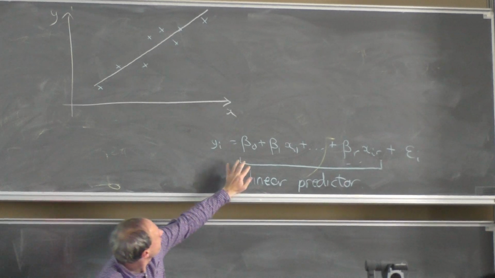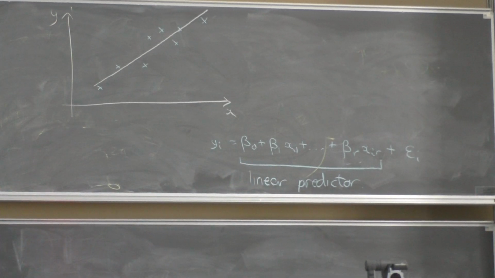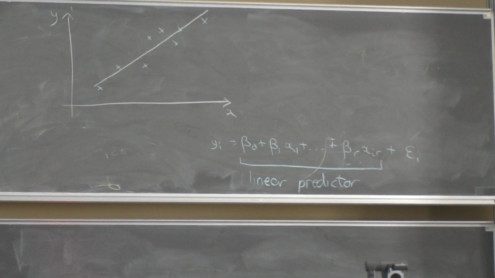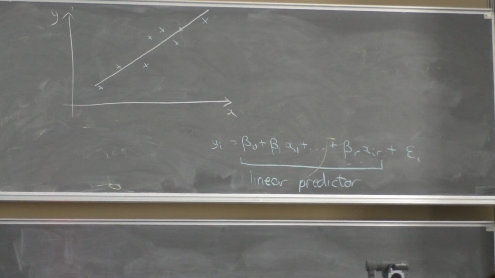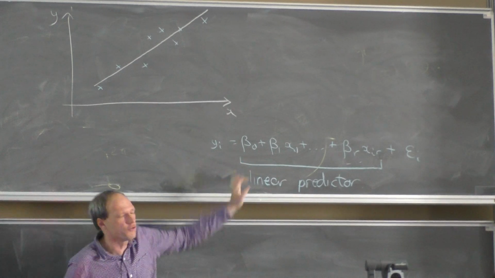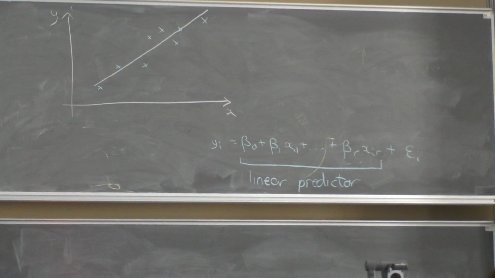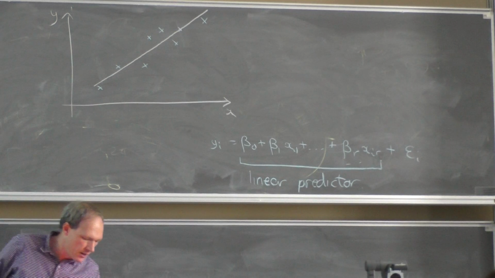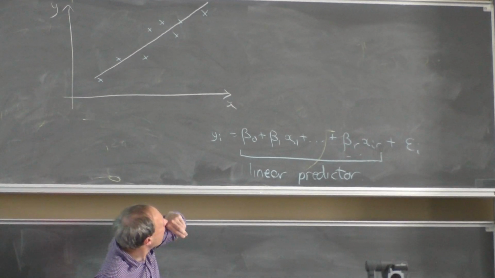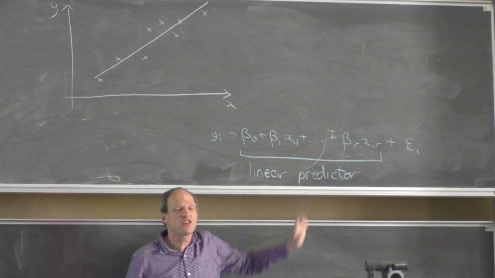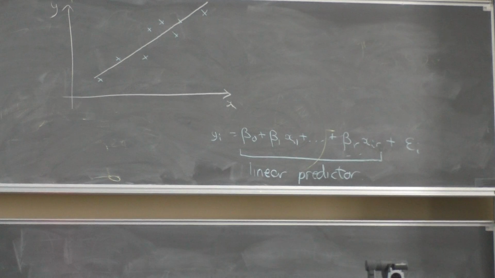So every term in here is one of these constants, one of these betas, multiplied by the appropriate term of the explanatory variable for that observation. Okay, so the i's, which refer to the observation, appear in x terms, and you're multiplying them by the constants, which are the betas. So that's called the linear predictor. As I say, we'll see the linear predictor recurring throughout the course, and it's always going to be something which looks rather like this.